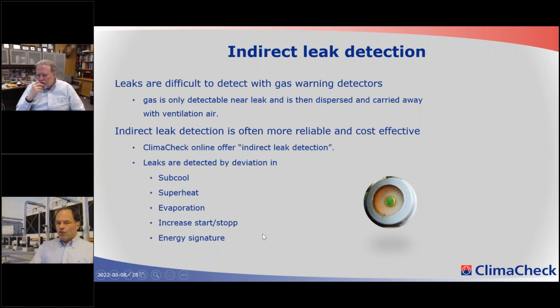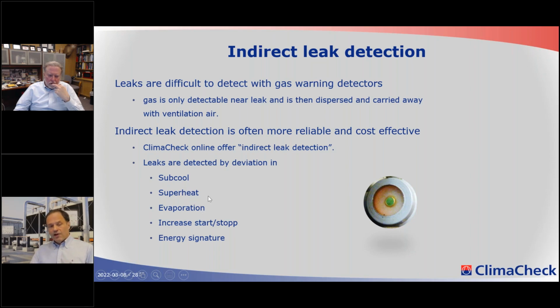Leak detection is, of course, also very important. For those who have worked with leak detectors installed on site, it's quite challenging to put the leak detectors in a good place, but a leak will affect the operation of the plant, and it can be detected. It can vary a little from system to system, but typically subcool is a very good indicator of the charge in the system.